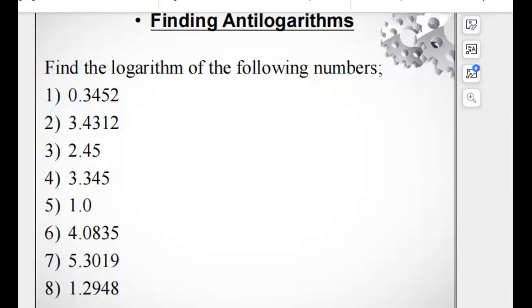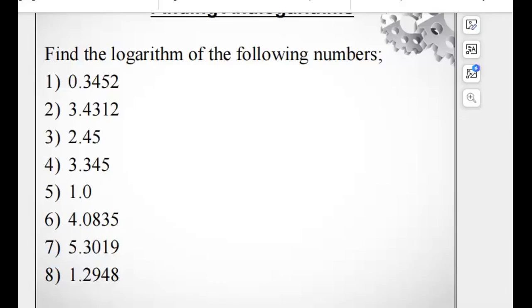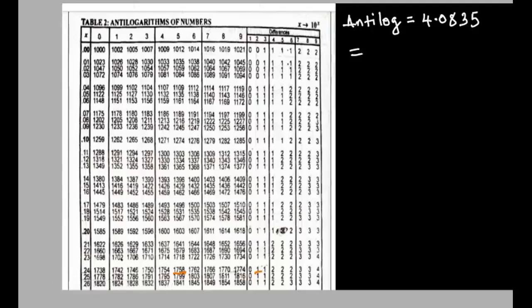Now for number 6 and 7, the question is find the antilog of 4.0835. So how do we find this? It's just the same process. So finding the antilog of 4.0835.